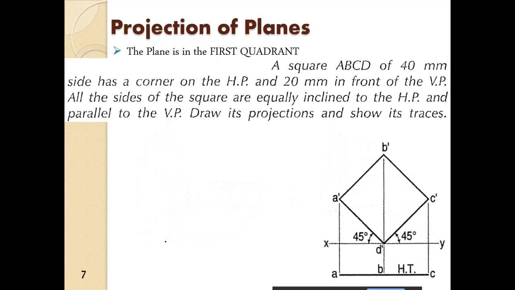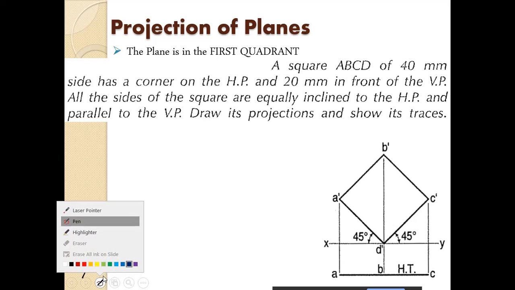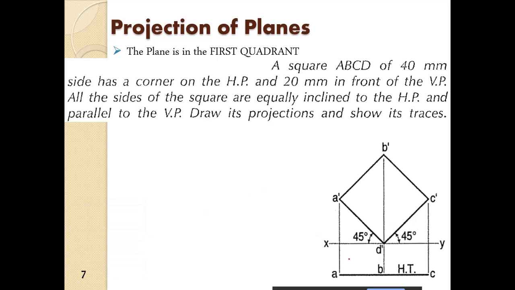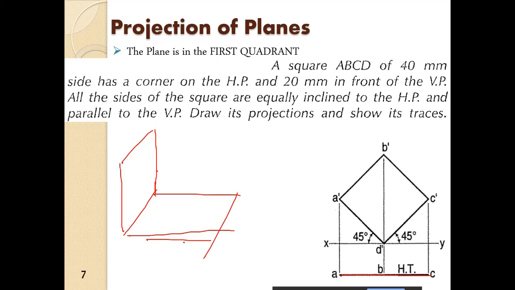So this is what we get. This is the solution. So we have the horizontal trace here and we have the plane projection. So this is the point here.